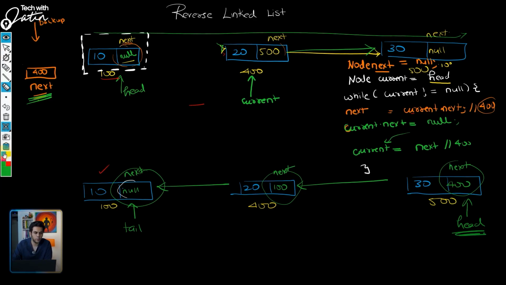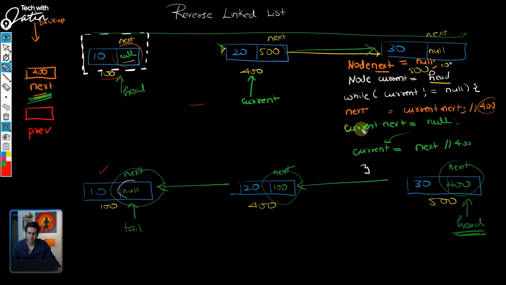So what I will do is, I will create another pointer. Let's go with red now. I'm going to create another pointer called previous. And previous is going to store the hash code of the previous node.